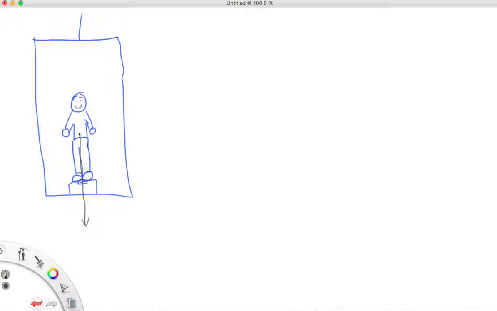We're just considering Carlos here, nothing else. He's always got FG pulling on him, and the normal force pushing back up, supporting Carlos upwards. Okay, that's the normal force.